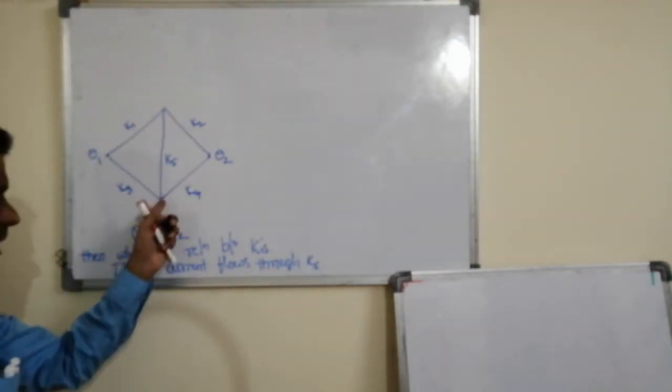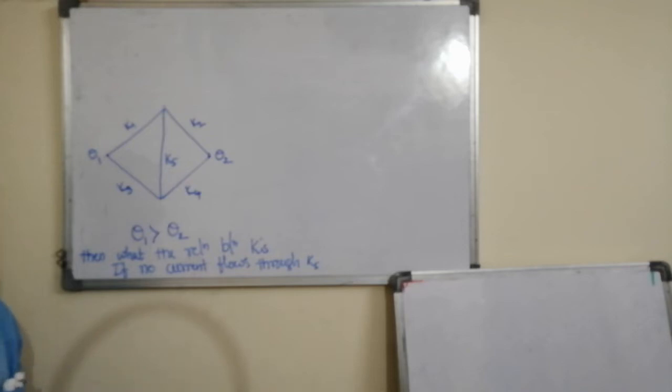When no current flows through K5, what is the relation between them is the question.